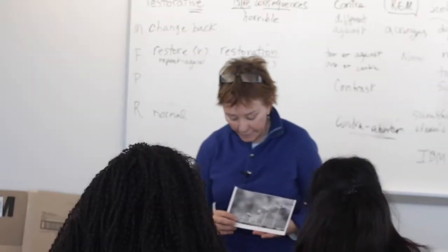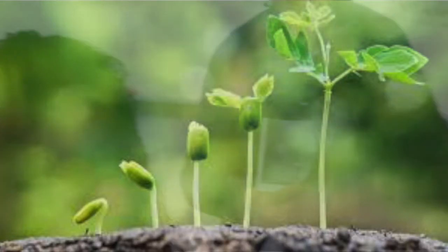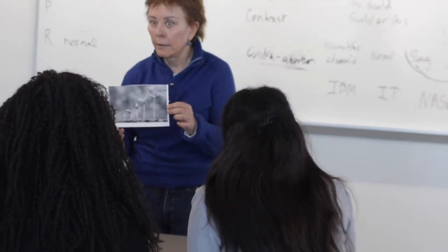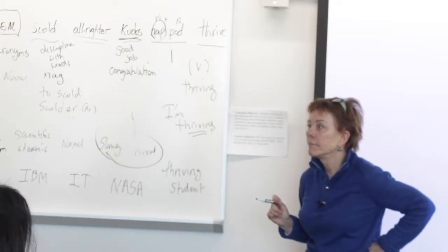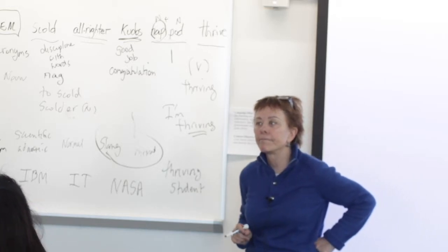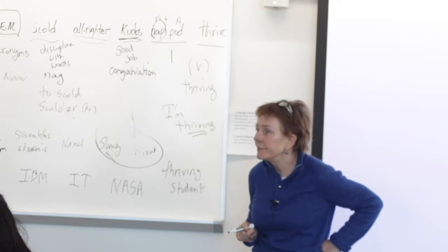So to thrive, if I start growing something and it grows and it grows and it grows, it's doing well. Okay. Any questions? Any other words in that text that you didn't understand? Not too difficult?